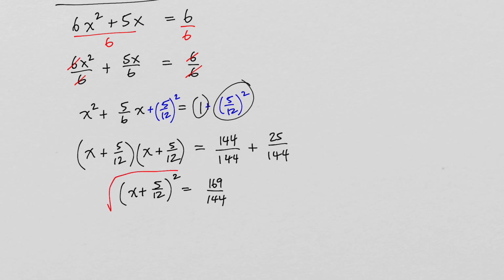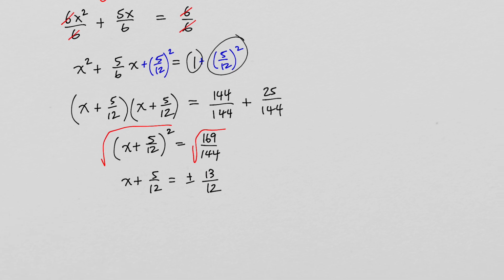And now if I take the square root of both sides, on the left side, x plus 5/12. On the right side, plus or minus 13 over 12. The square root of 169 is 13, and the square root of 144 is 12. So then our next step is we're just going to subtract that over to the other side.